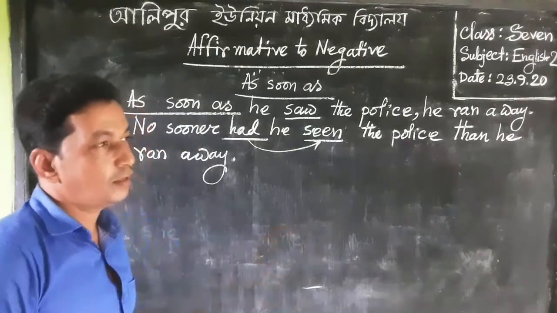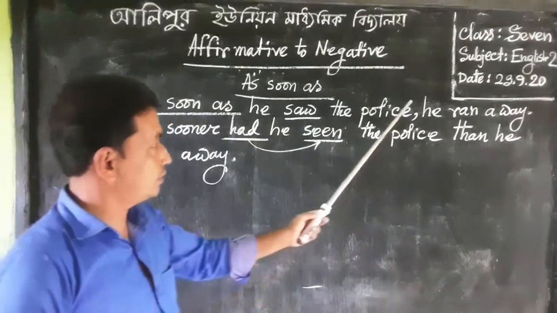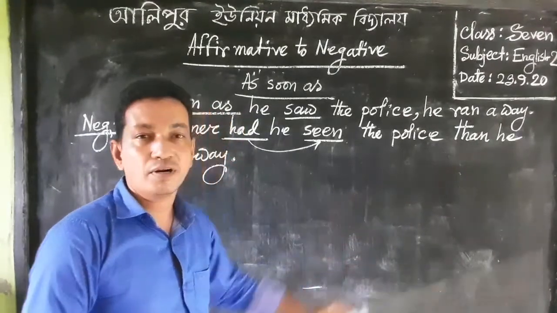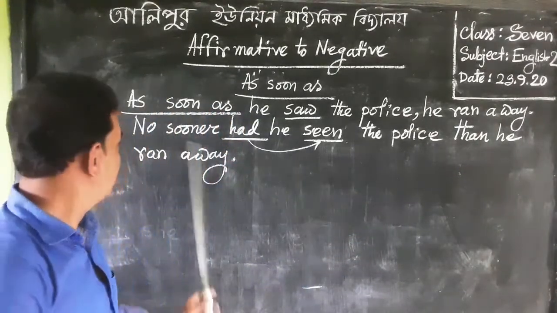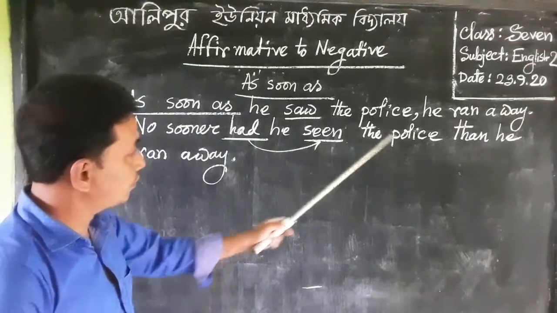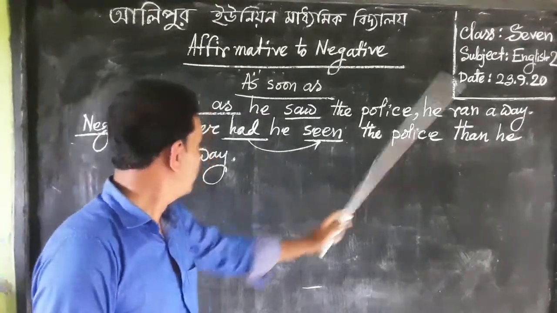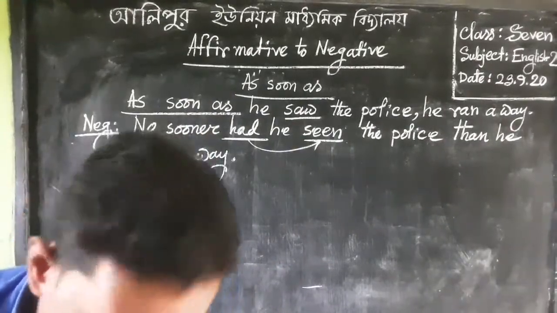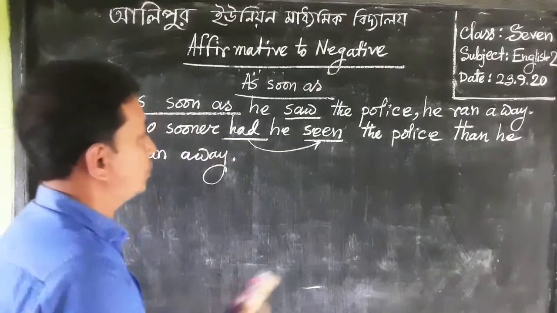We discussed comma, and instead of comma we should write than before the second part of the sentence. Okay, dear students? So, no sooner had he seen the police than he ran away. Okay, dear learners. Now I am going to another rule.